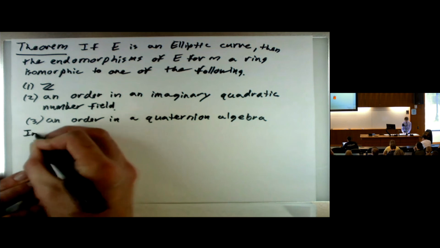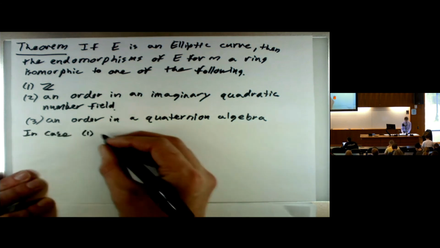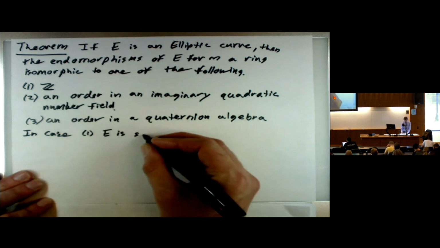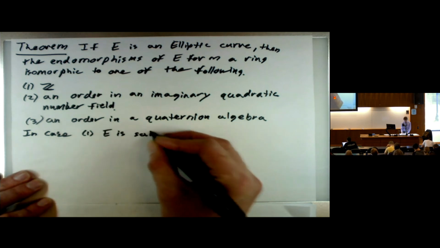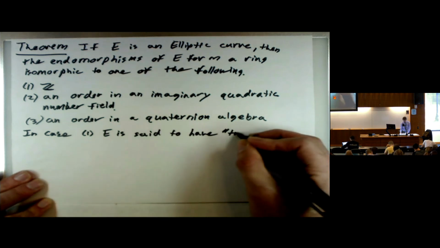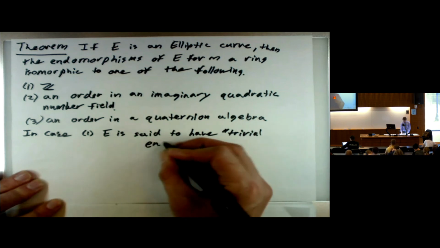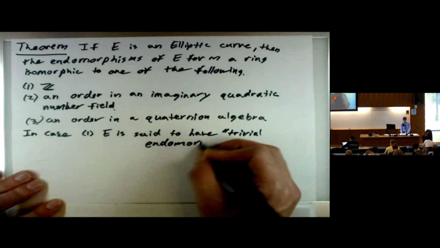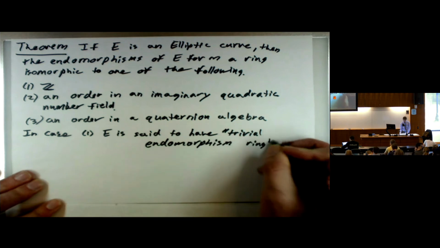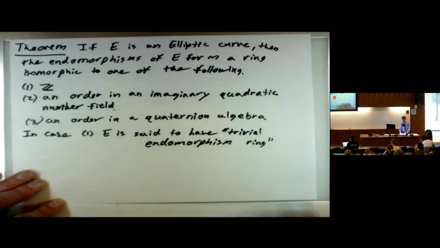So in case 1, E is often said to have trivial endomorphism ring.